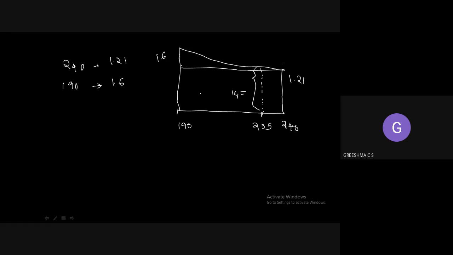For the first interpolation, take this as A and this as B, and this small value as A1 and this as B1. So by interpolation, A by B is equal to A1 by B1. How much is the A value?